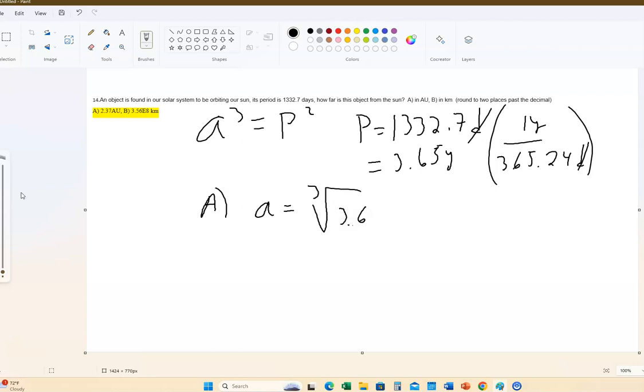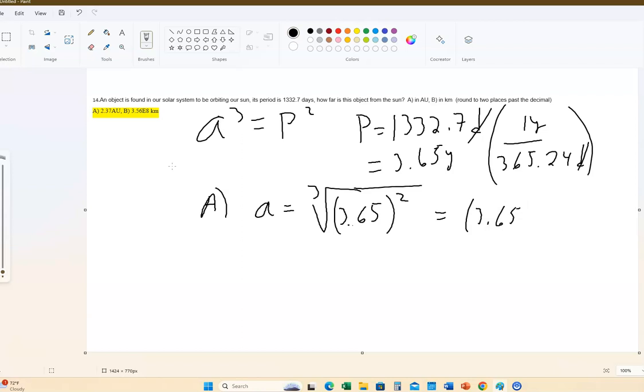Again, I've got to leave this unrounded in my calculator to get an exact answer. But I've got to square that. So I'm going to square that, and then I'm going to take the cube root. Just to remind you, the cube root.